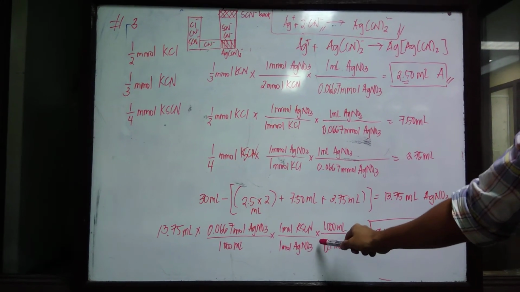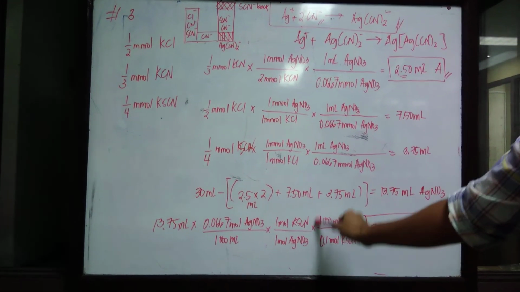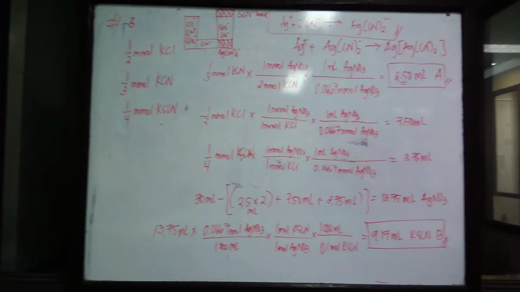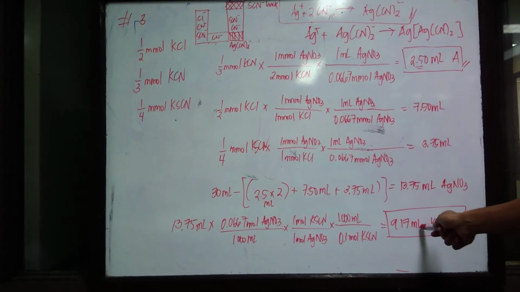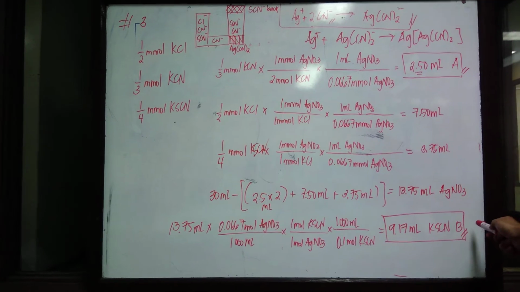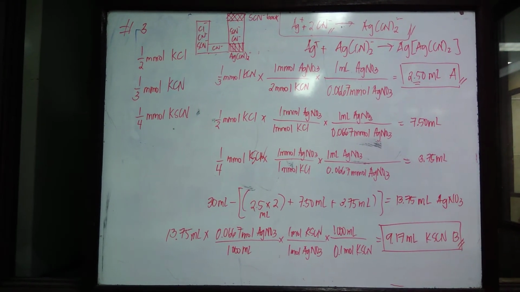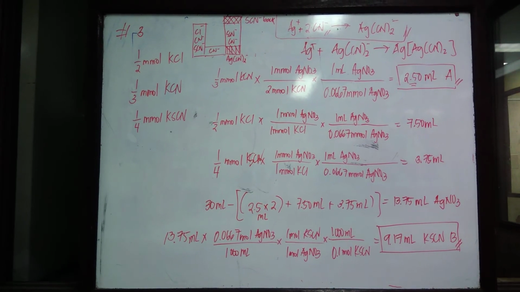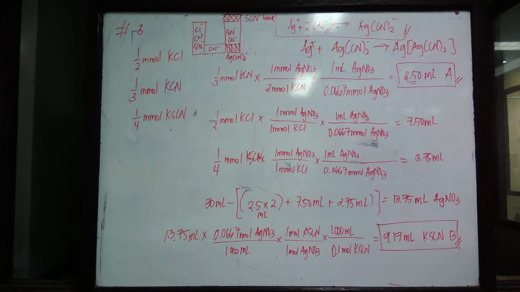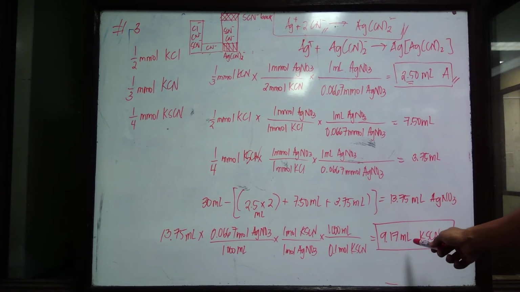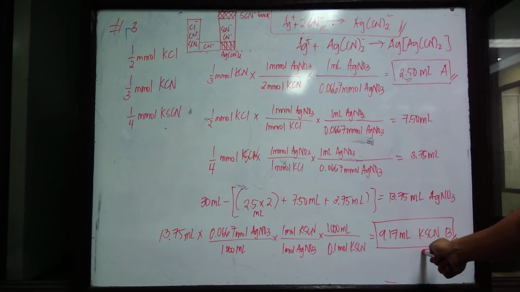And then we multiply it by the reciprocal of your molarity para makuha natin yung volume. Ito yun. So now, we have obtained the back titrant, the amount of thiocyanate which reacted with the excess silver nitrate in the solution. So the answer is 9.17 ml and that corresponds to B.